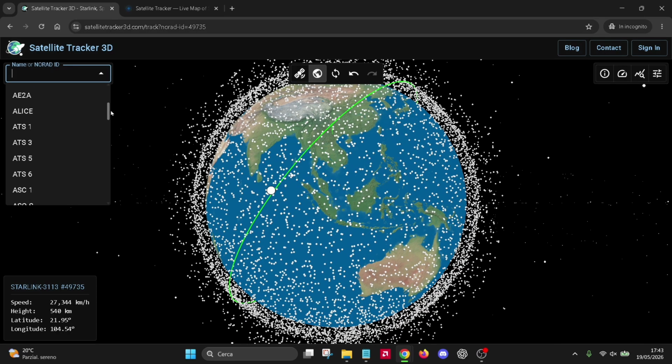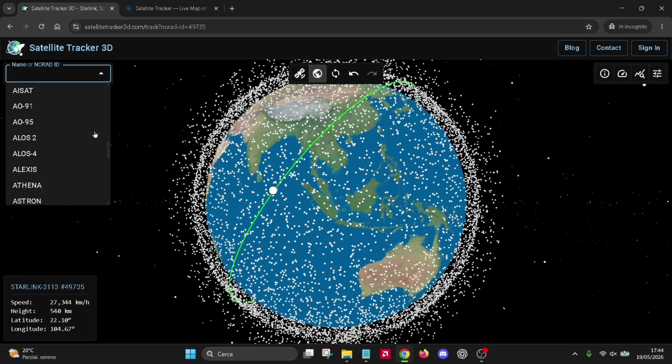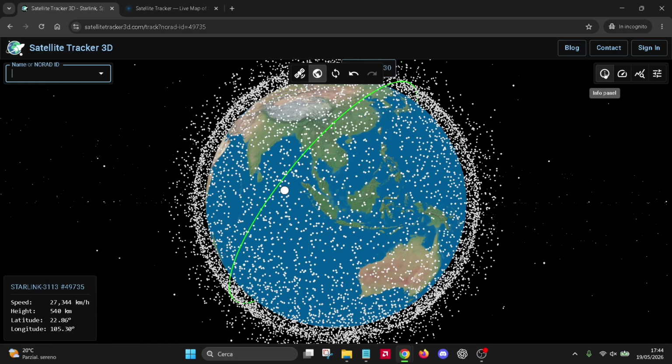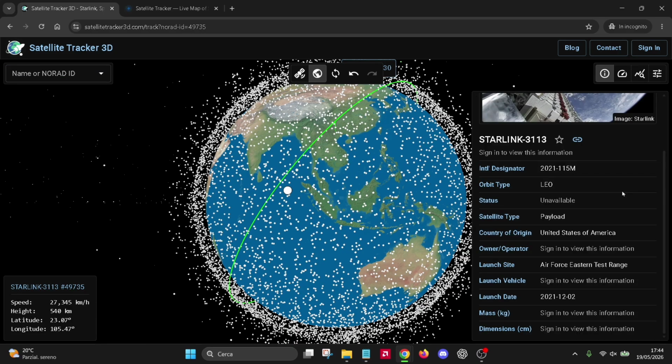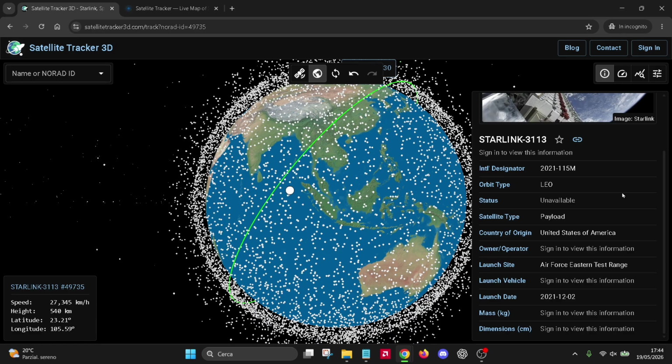Organizations such as the U.S. Space Force publish orbital data that can be used to estimate where satellites will be at any given time. The website processes this information and converts it into a live 3D visualization. This allows us to observe not only where satellites are, but also how they move relative to Earth.